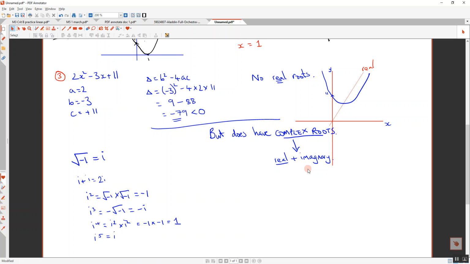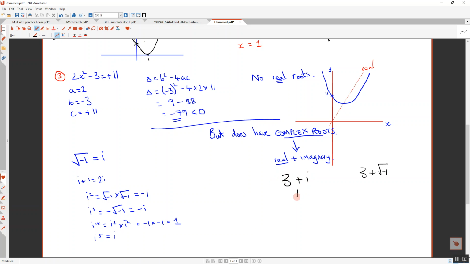Now, the really good thing about these, and I don't want to go off topic here, is complex numbers. For example, this is a complex number, 3 plus i. All that means is it's just 3 plus root negative 1, but you would always just write it like this.